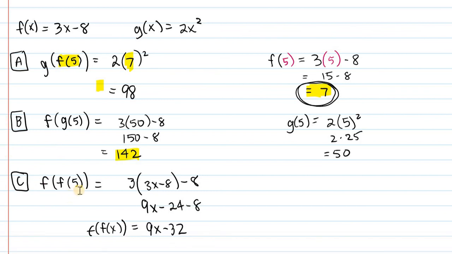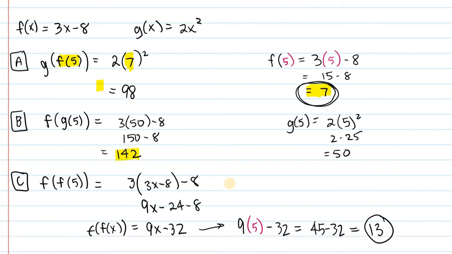Now, if we want f of f of 5, we can now just plug 5 into this expression. So we would have 9 times 5 minus 32, which is going to be 45 minus 32, which is going to be 13.